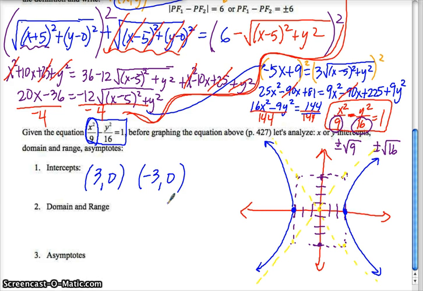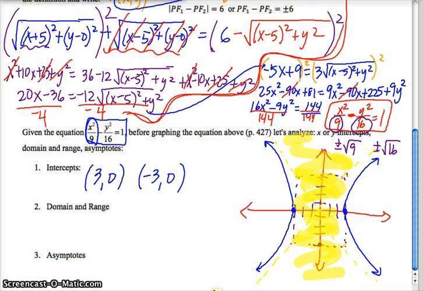Okay, how about my domain and range? Well, if you notice, all this stuff in here is not part of the graph. And it continues getting wider and wider and wider. So that's not part of my graph. So this is exclusion from what? From my domain or from my range?